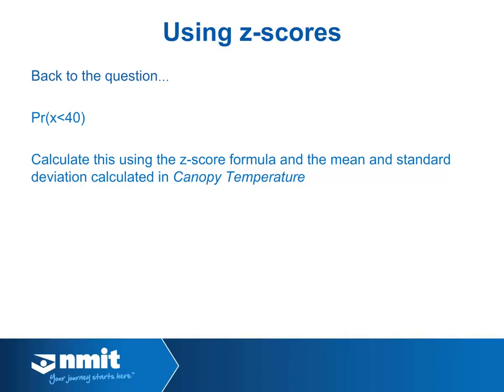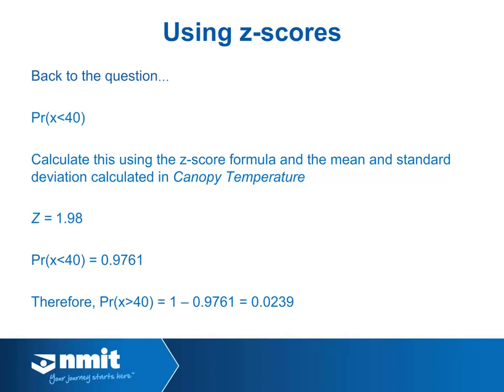So we can use our data set and these normal distribution rules to actually work out the probability of arriving at this vineyard when the temperature is less than 40. What we do is we convert this 40, we standardize it, creating a z-score, and then use the table to determine that probability.